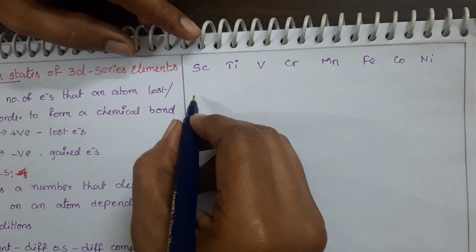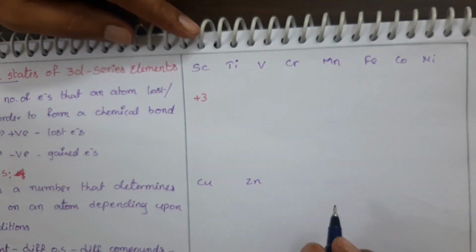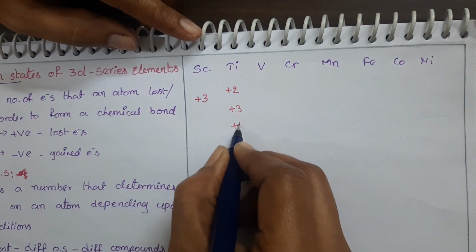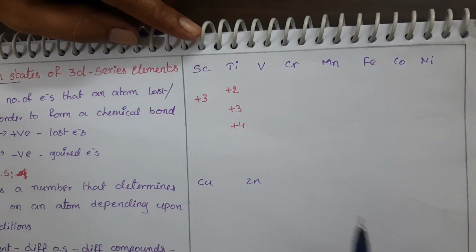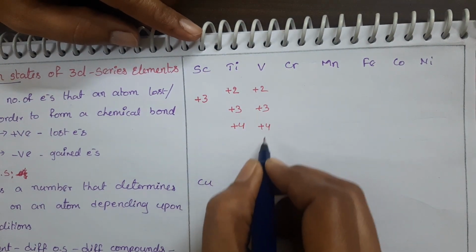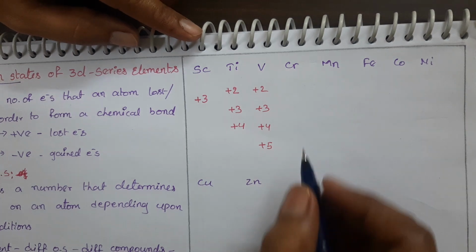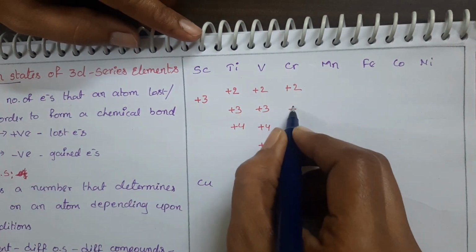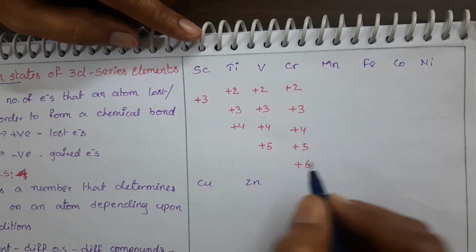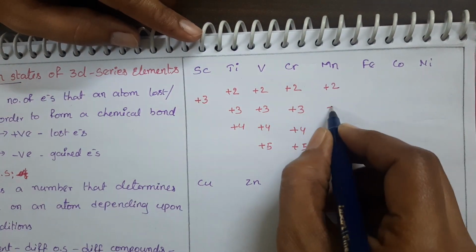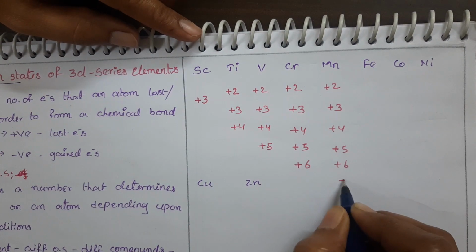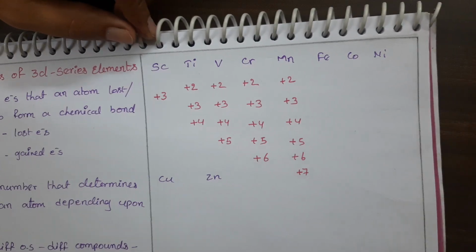Here scandium can show only the plus 3 oxidation state, and titanium can show plus 2, plus 3, and also plus 4, and vanadium can show plus 2, plus 3, plus 4, and plus 5, and chromium can show plus 2, plus 3, plus 4, plus 5, and also plus 6, and manganese can show plus 2, plus 3, plus 4, plus 5, plus 6, and also plus 7 oxidation state.